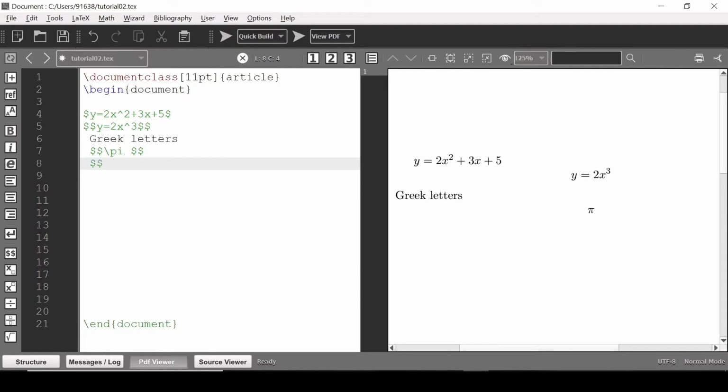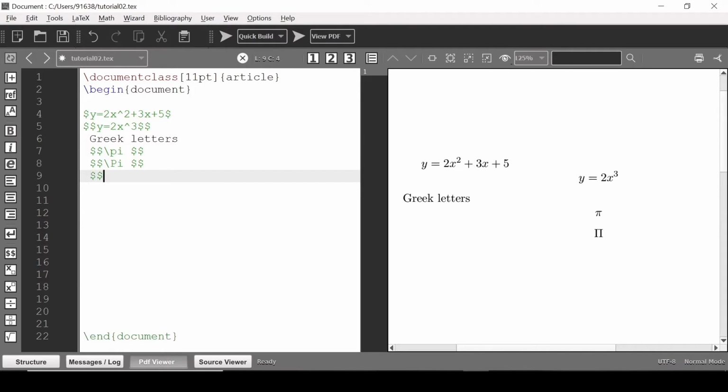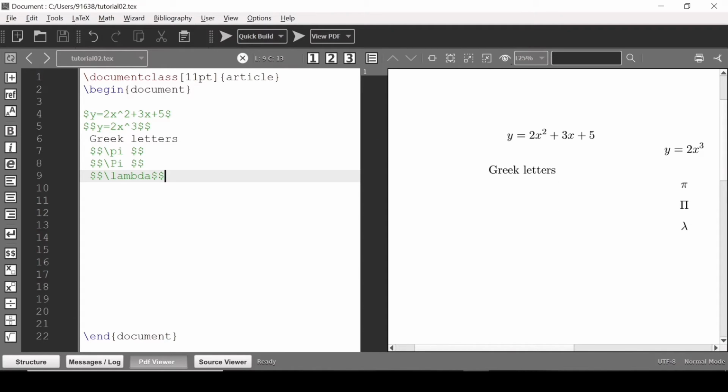And if you write capital P, small i, and a double dollar sign, you will get this capital Pi, the multiplication. And some more, like lambda, which is automatically suggested by TeXMaker. Now you can see this lambda.